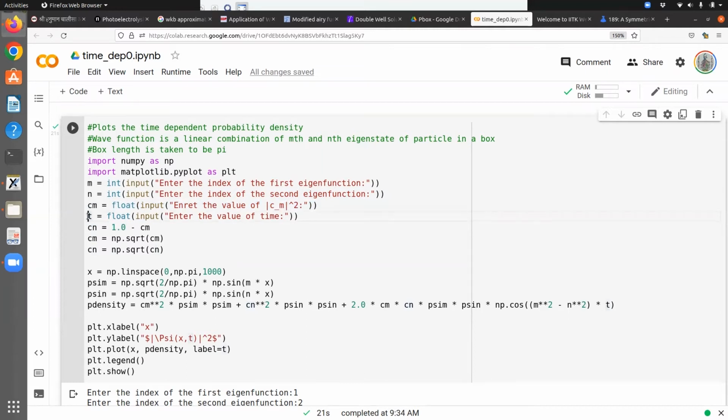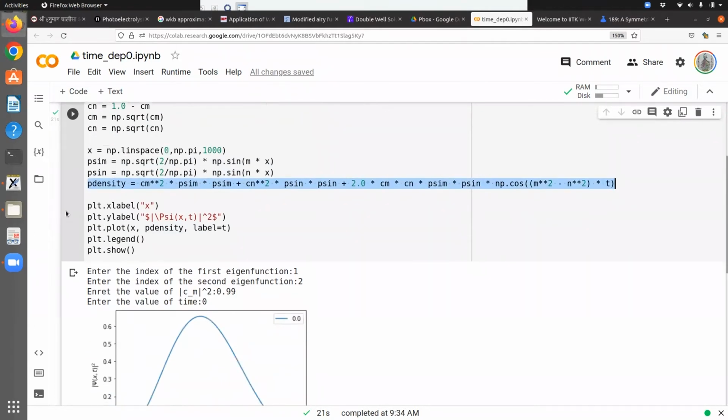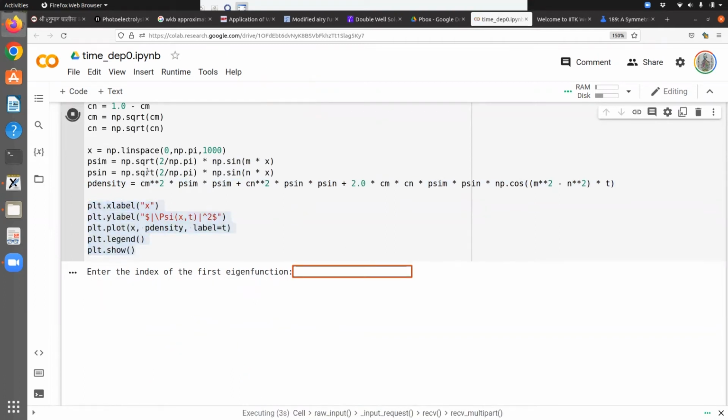The value of time at which the probability density will be plotted needs to be mentioned here. Then we define the mth and nth eigenfunction here, and the probability density is defined here. Finally, we plot the wave function using these commands. So let us run the code and generate a few outputs.